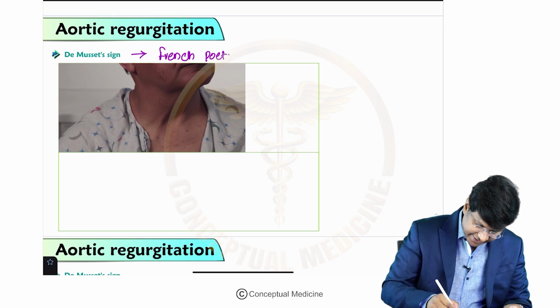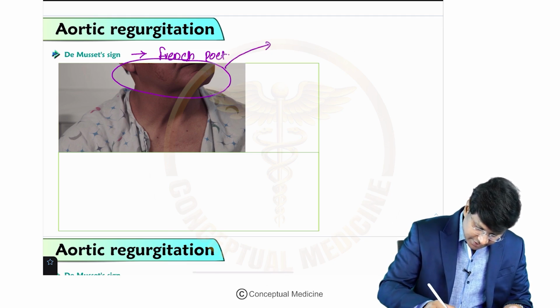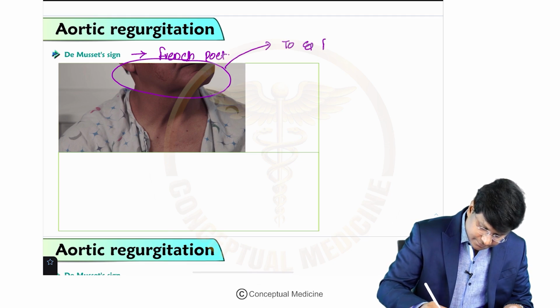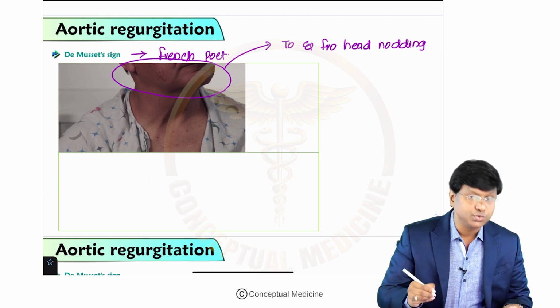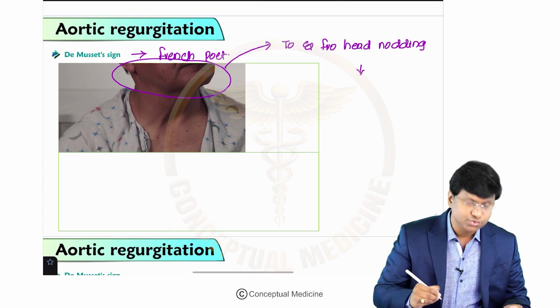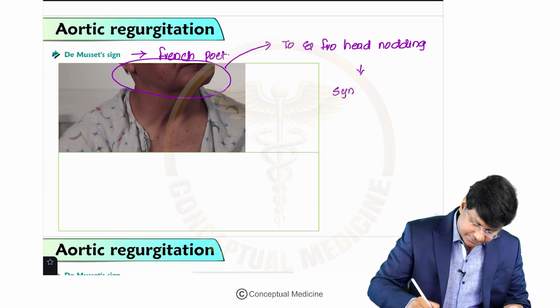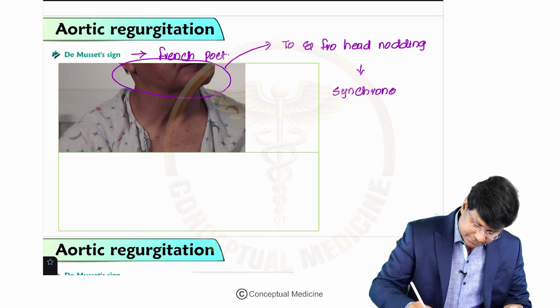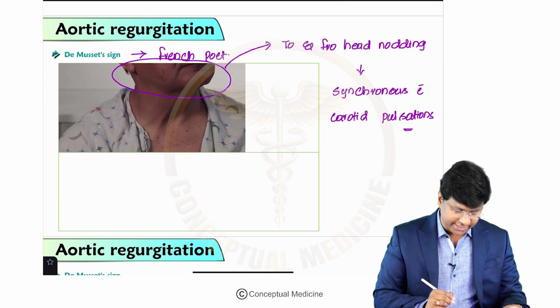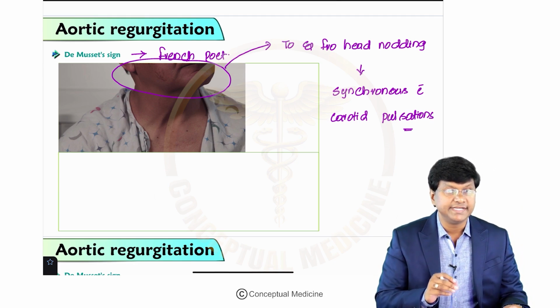You can see this particular head to and fro, and this to and fro head nodding is synchronous with carotid pulsations. That is called the de Musset sign.